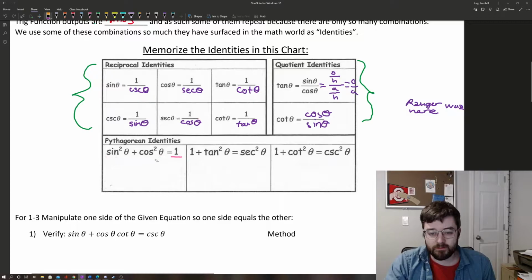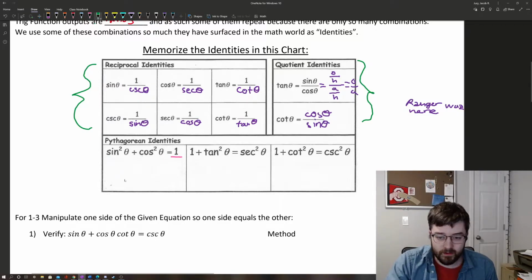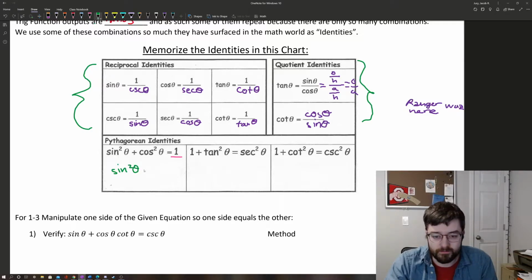It's also really confusing because of how it's written, and I want to point this out. This is sine squared theta. I know it looks strange, but it's kind of mathematician shorthand for sine of theta squared.